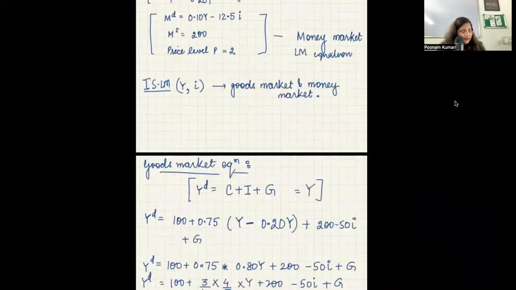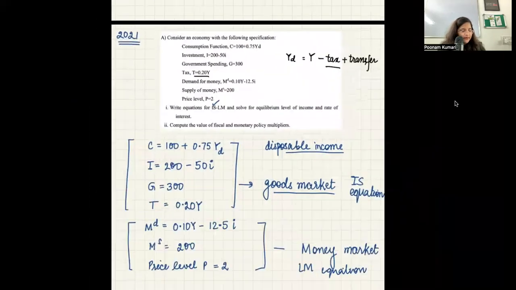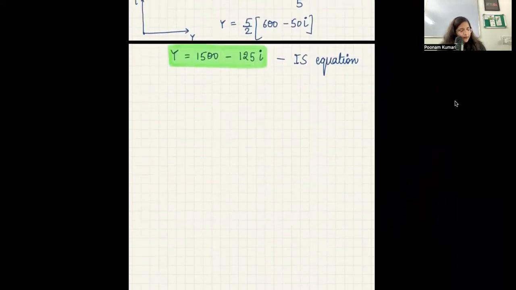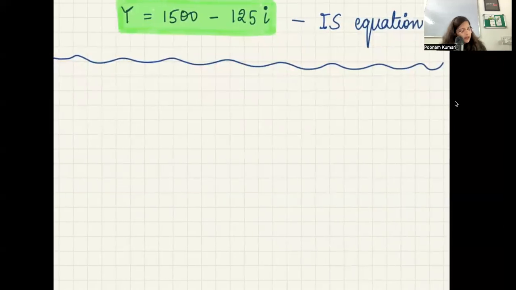And then next step is, so one portion is done, which is the IS equation. LM equation simply आपको क्या करना है? आपको रियल मनी डिमांड और अपना रियल मनी सप्लाई को equate करना है. गुड्स मनी मार्केट एक्विलिब्रियम यू हैव टू फिगर आउट, राइट?